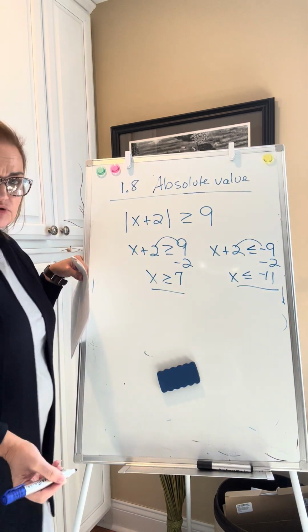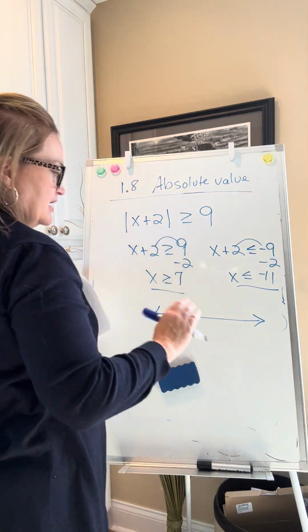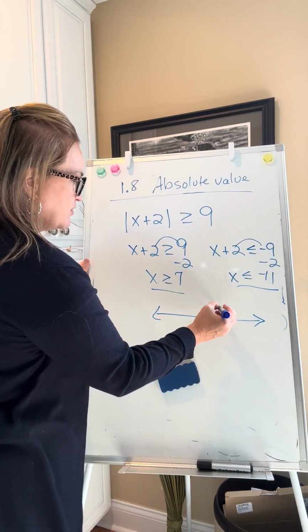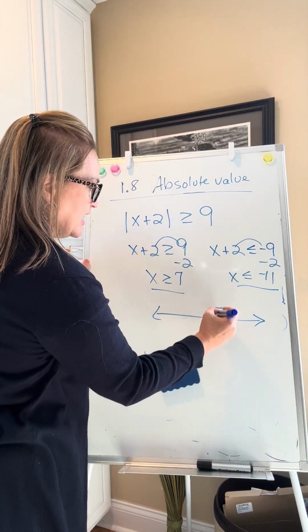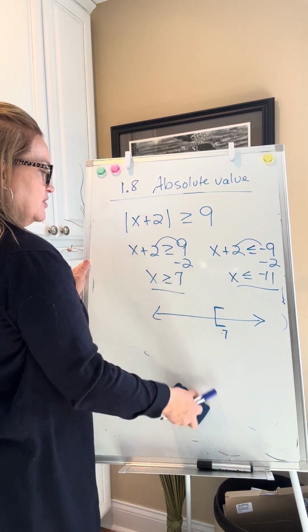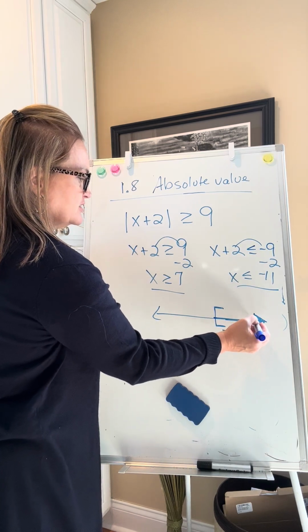That's our other solution. Now this one is a greater than, so I'm expecting this to be a split answer where we have to use our union symbol. Greater than or equal to means use the bracket from positive 7, isn't it? Positive 7, greater than that, all the way to the infinity.